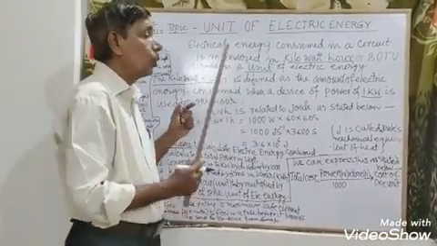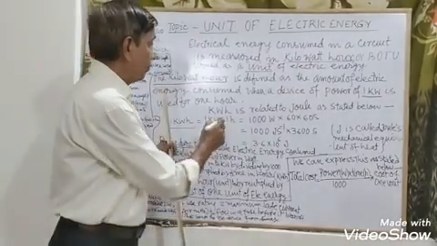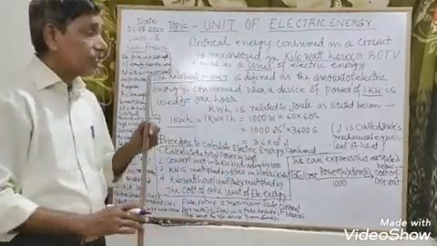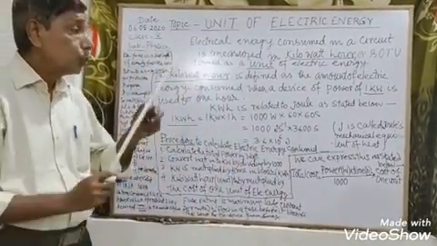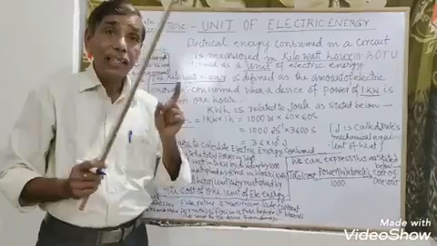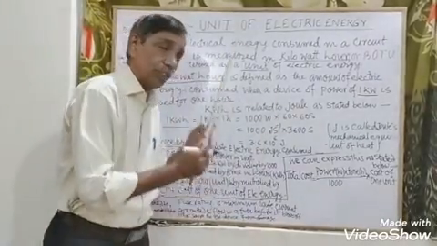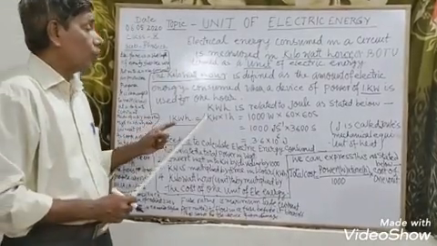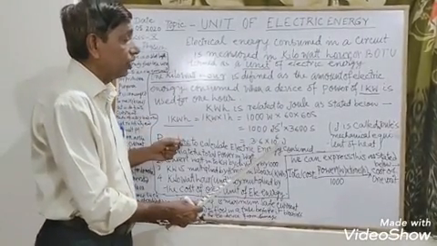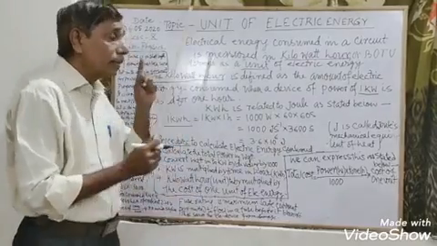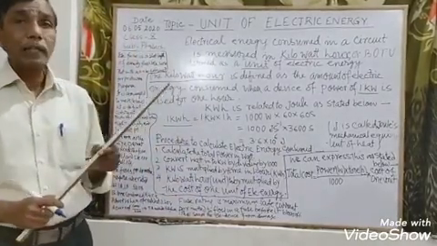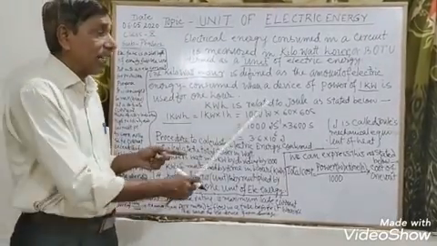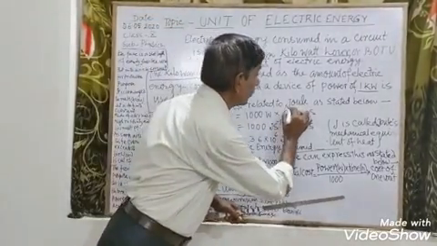J is called Joule's mechanical equivalent of heat. So here I have written J. It is the mechanical equivalent of heat. So kilowatt hour is related to joule.